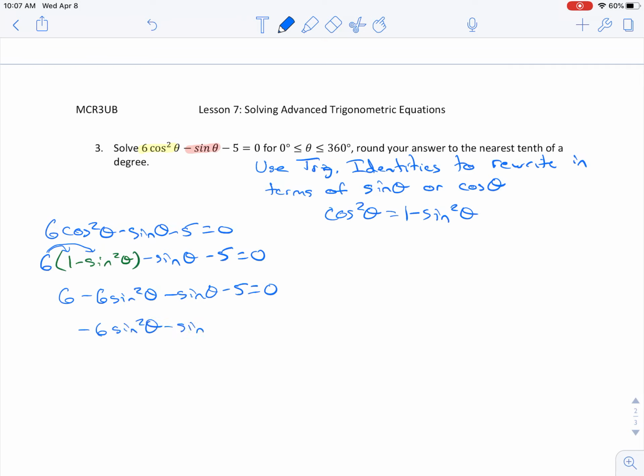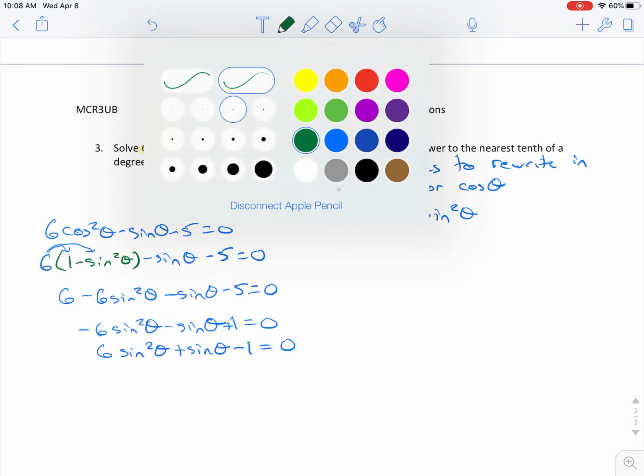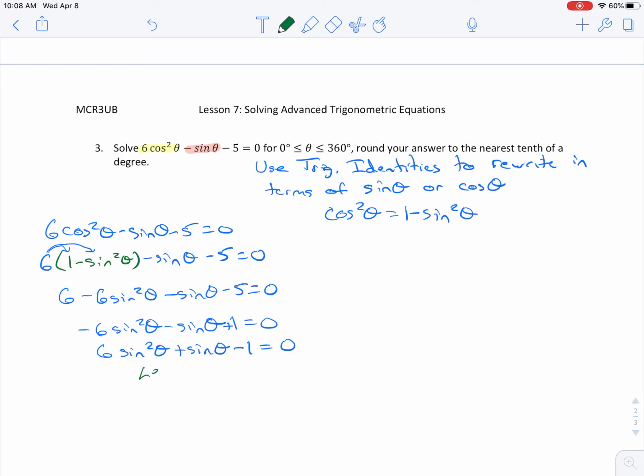So I got minus 6 sine squared theta. I'll collect these like terms. So I've got minus sine theta, and then I've got 6 minus 5. So that's just going to be 1. So plus 1. And I don't really like this negative, so I'm going to divide everything by a negative, or just change the signs like this.